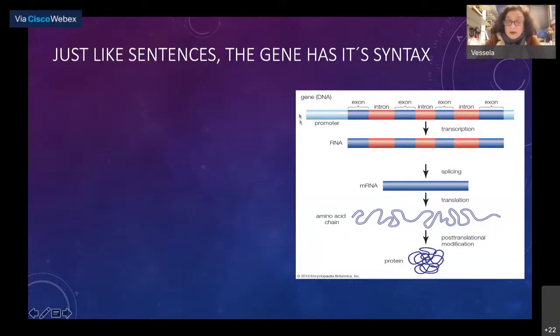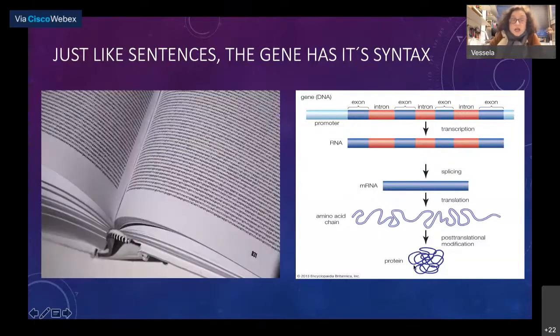So we have something which is the controlling area, the promoter. A gene in the human genome, in contrast to bacteria, is composed of so-called exons and introns, which introns are further spliced out into a mature mRNA, which is the one that creates the protein itself.